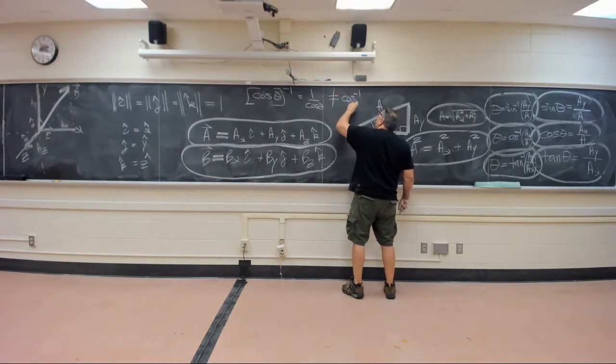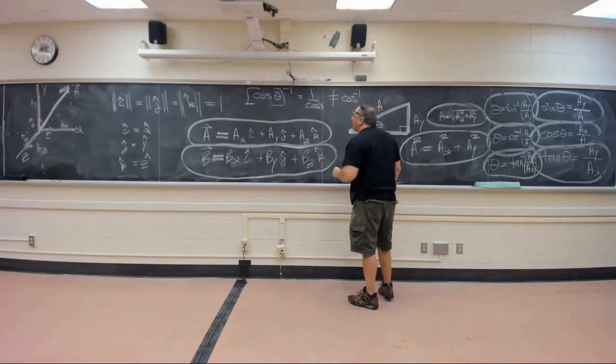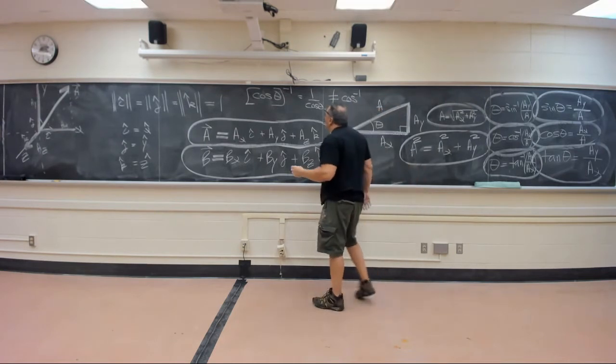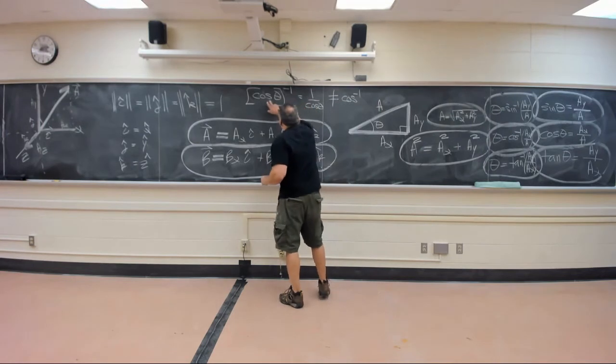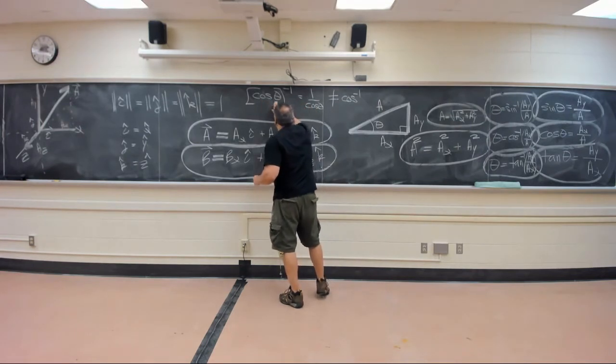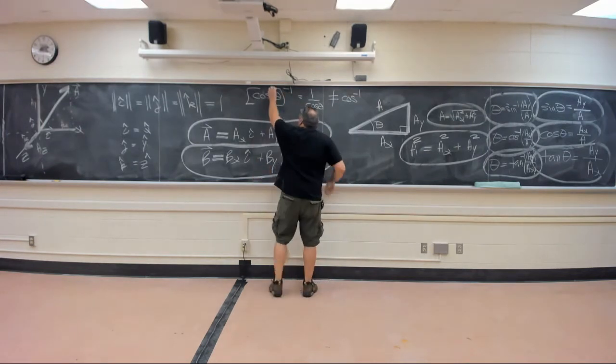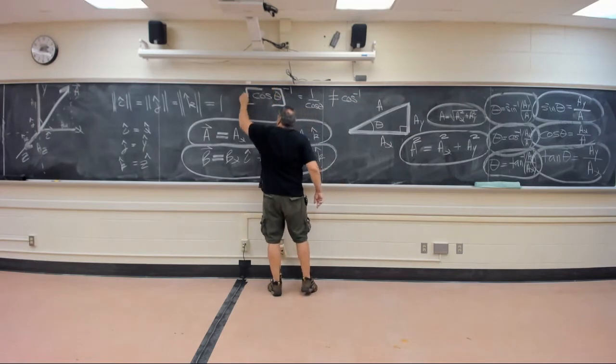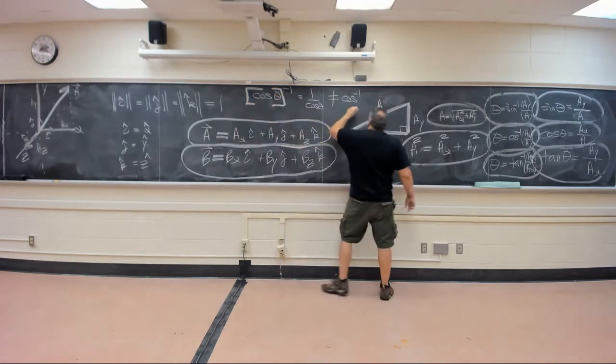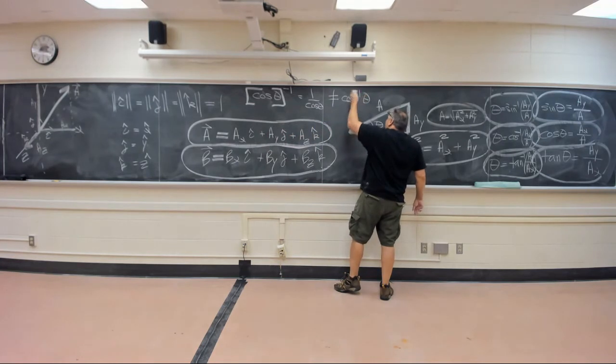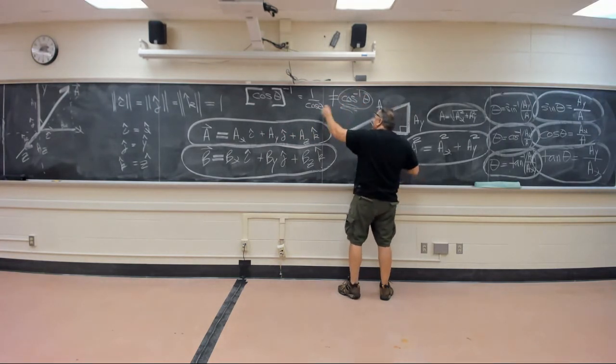That does not equal inverse cosine of something. Cosine theta, the whole thing to the negative 1 is 1 over the cosine. That's true. That's not the same as this. I don't want to put theta here, but that's not the same. They are not the same.